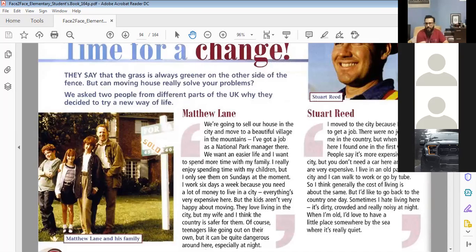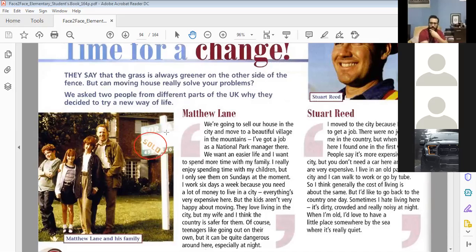Yes. Does he want to move? Yes. Where does he want to move, Matthew? What does it say here? He wants to move to the country, right? Yes. Can you see what's written here? What does it say? Sold.